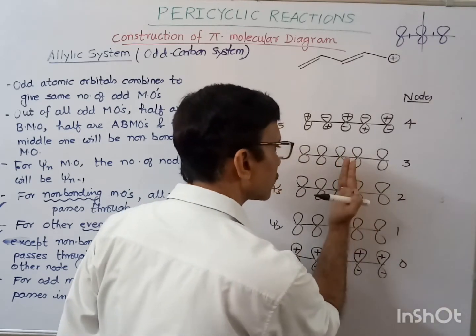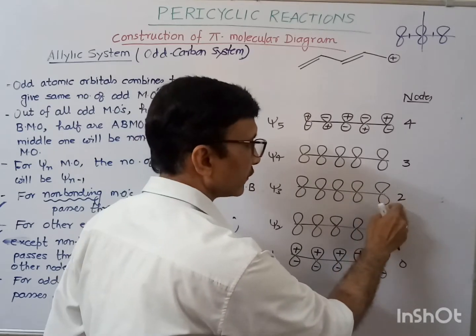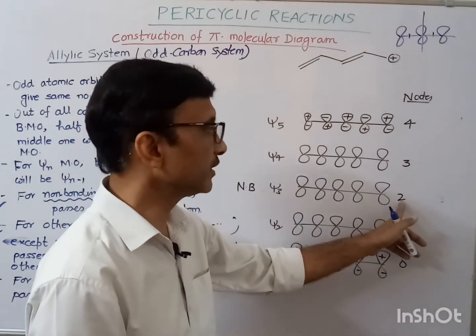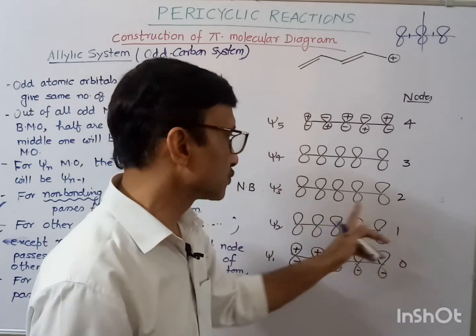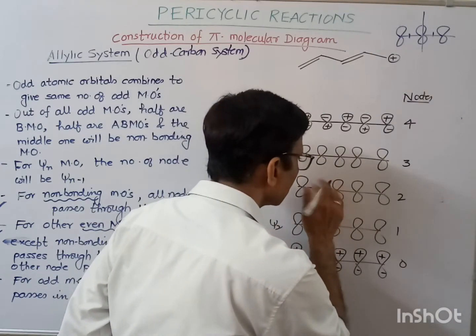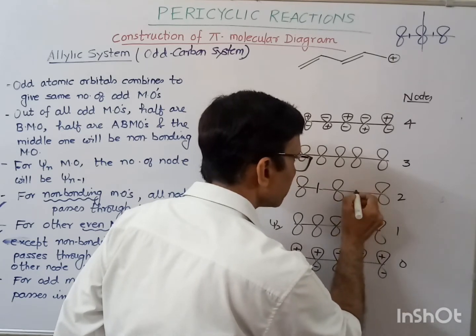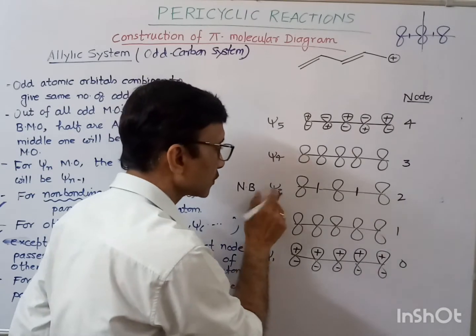Two nodes cannot pass through the middle. If the number of nodes is even, then the nodes should not pass through the center. So the only possibility left over here, this is the two nodes that can be passed over here through the carbon atom. Okay, so this is odd system, this is odd molecular orbital.